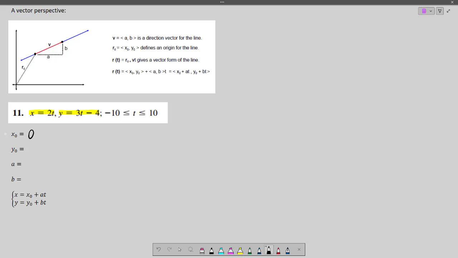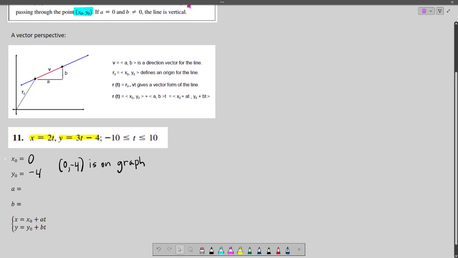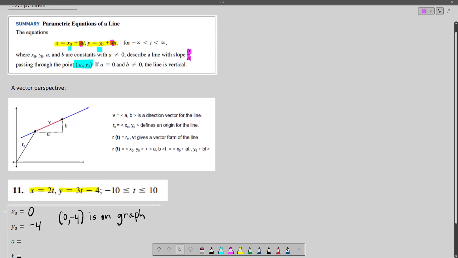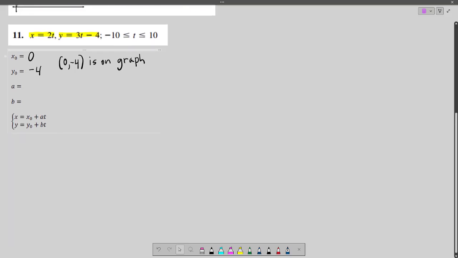The y naught is going to be the constant in the y equation, that's -4. So 0, -4 is on the graph. And it's alphabetical, right? The x naught from this one, y naught from there, and then a from there, and then b.